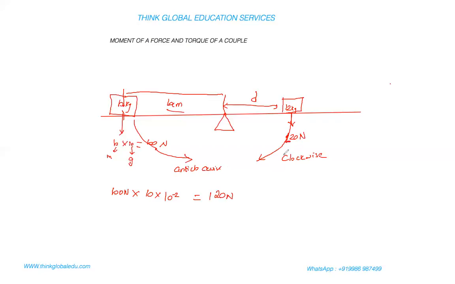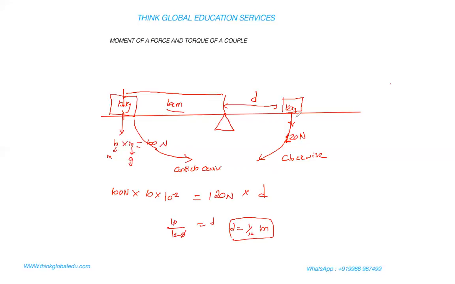Since it is 12 kilograms, it is 120 newtons multiplied by distance d. So now if I calculate that, I'll get 10 divided by 120 is equal to d. So I'll get 1 by 12. So d is equal to 1 by 12 meters. So we can calculate the distance.